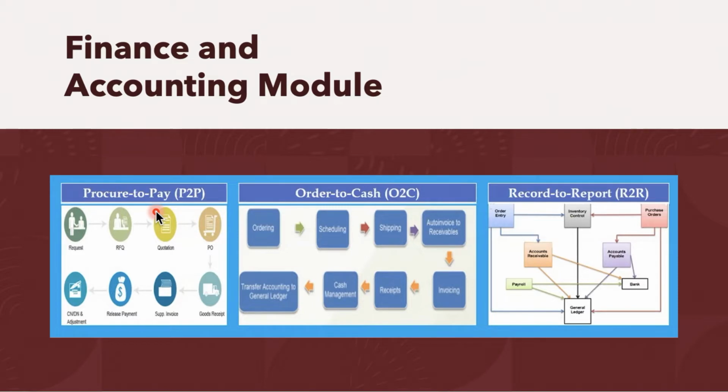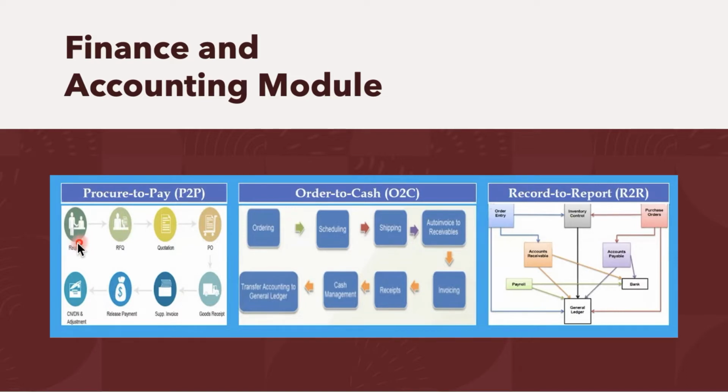Okay? So, ito na yung system na ginagamit natin. The concept or the process within this P2P, O2C, R2R are still the same doon sa mga cycles na alam natin. Okay?